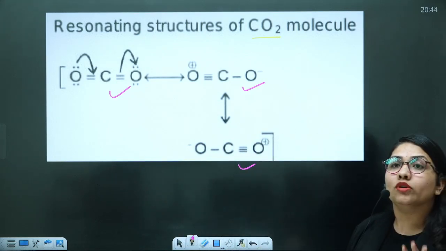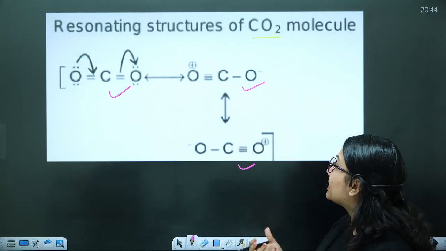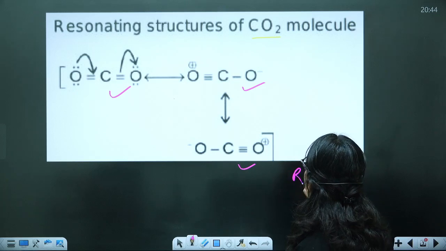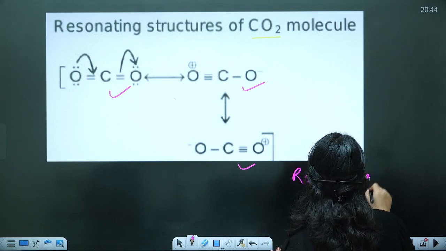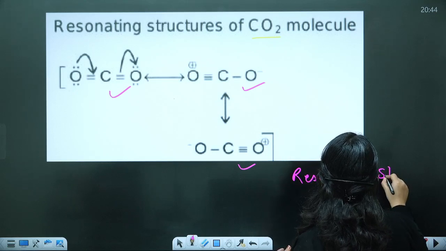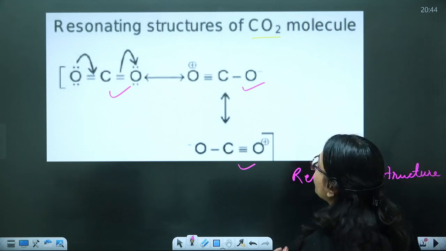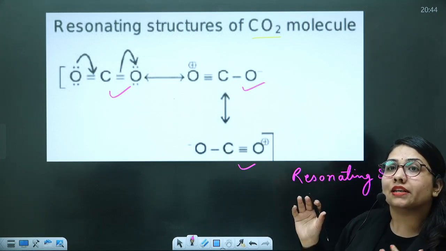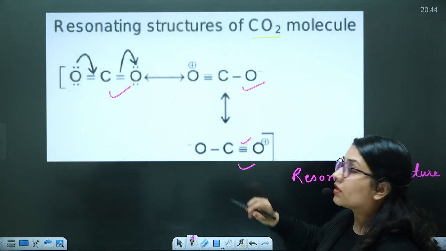So we are able to make three structures for just one molecule. So here we can say that these are resonating structures.